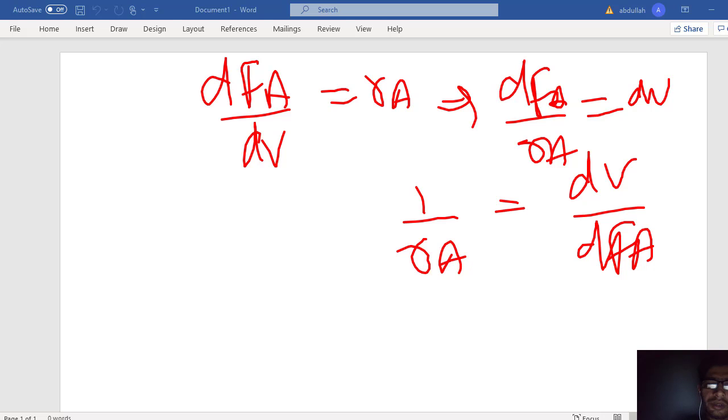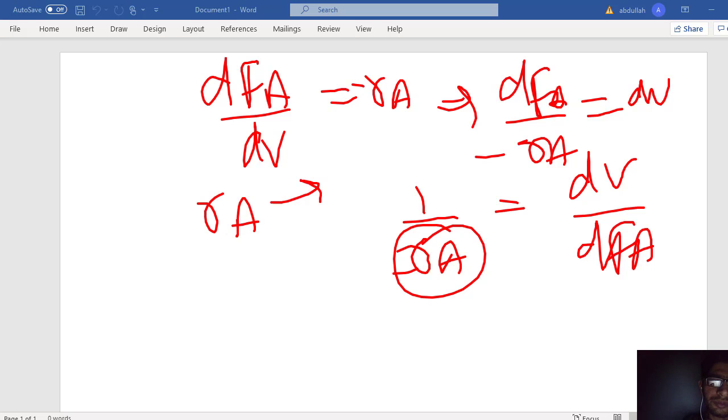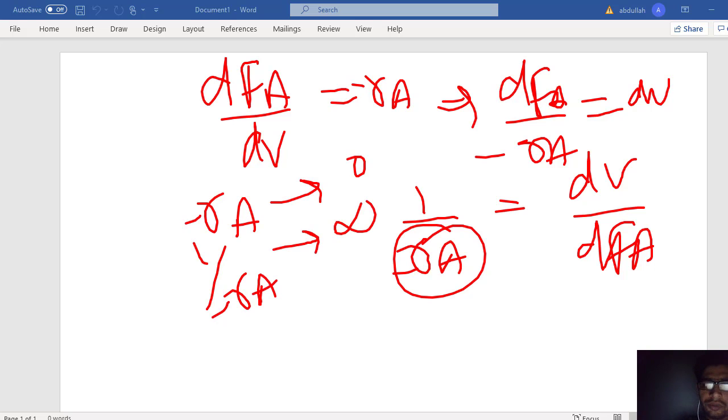Now if minus Ra tends to 0, 1 over minus Ra will tend to infinity. So the volume of the PFR will also tend to infinity.